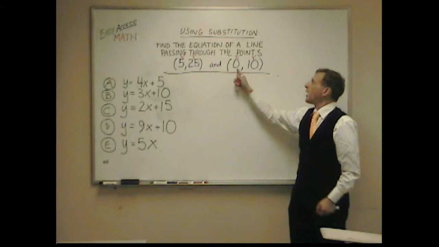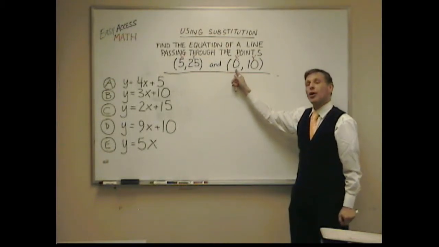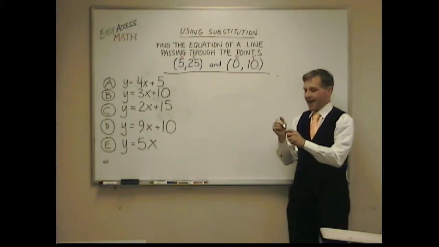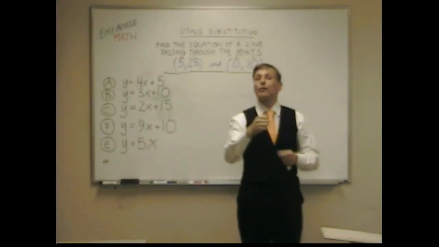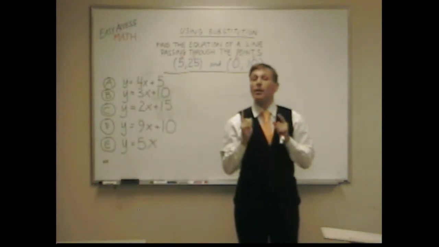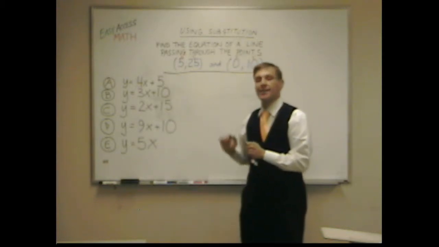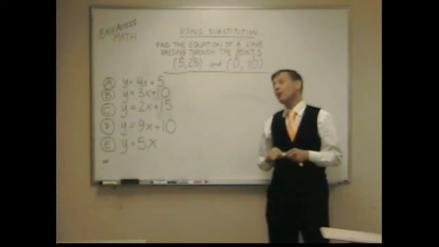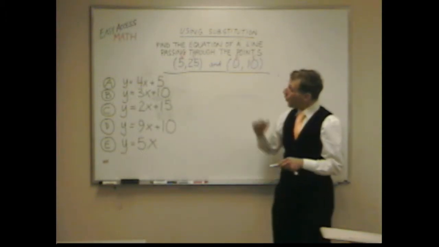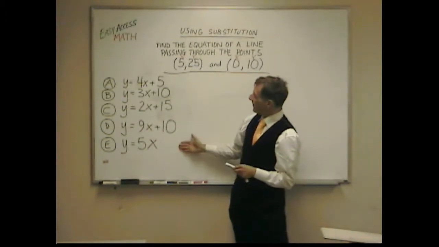And I have a second point where the x is 0, and the y is 10. And I'm going to find an equation that works for both of these points, both of these coordinates. And that would be the equation of a line passing through those 2 points. And I'll do it one at a time. I have 5 choices here.